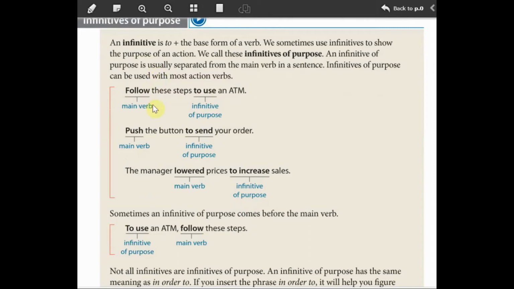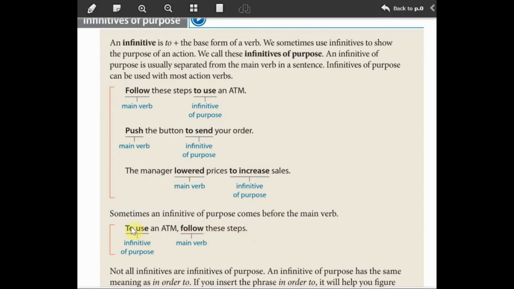As you can see from the 3 examples mentioned here, the main verb is mentioned first, and then the infinitive of purpose is mentioned afterwards. This can be reversed. For example, to use an ATM, follow these steps.